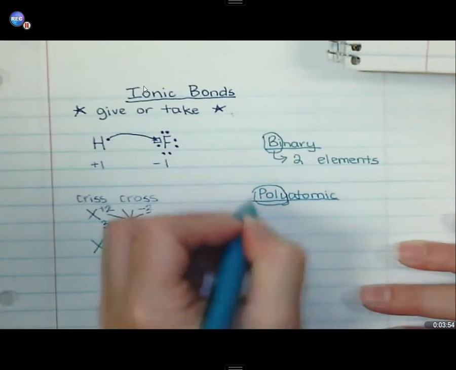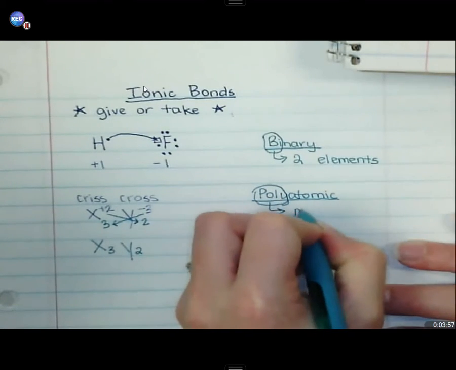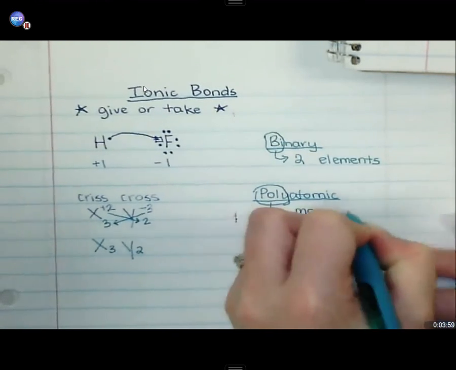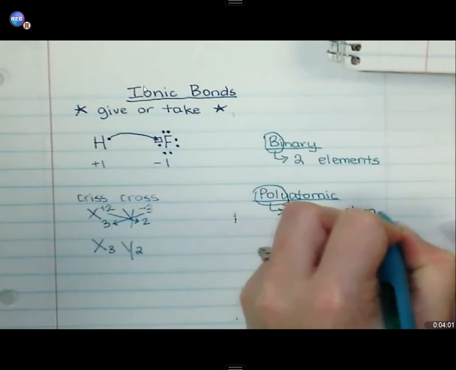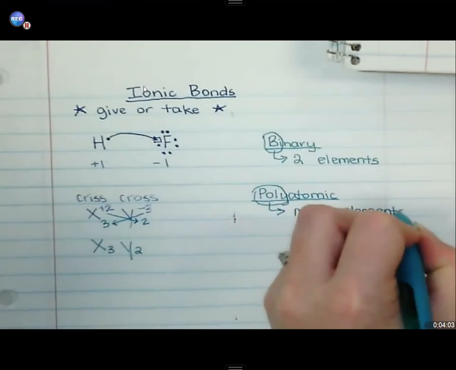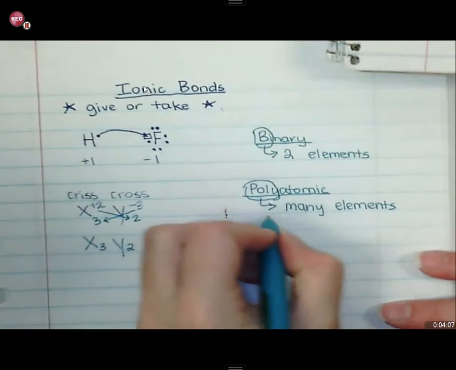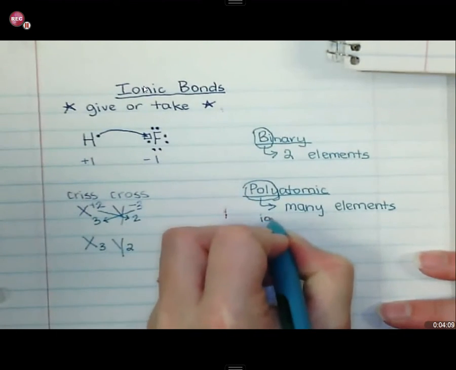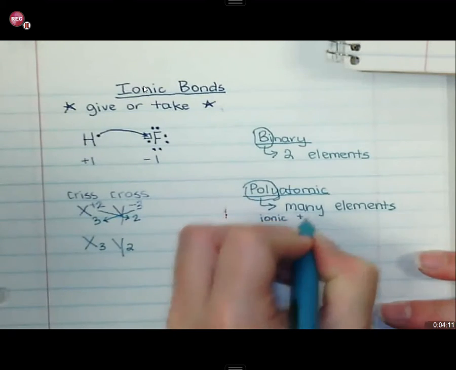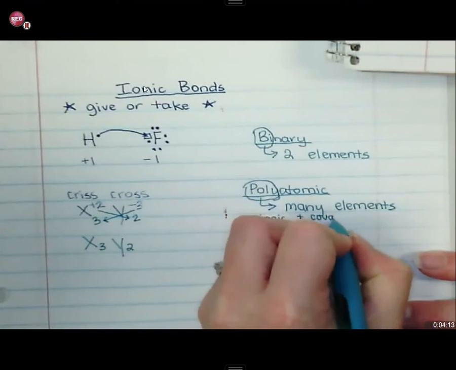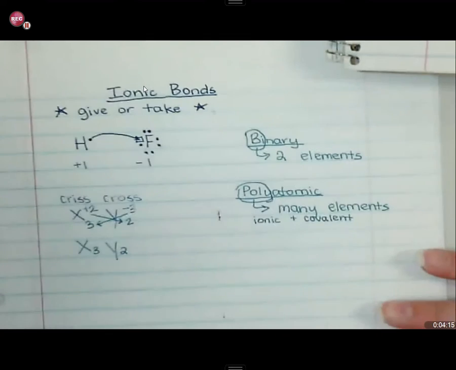Poly means many, so it's many elements. Mostly when you have polyatomic ions, I don't know if y'all remember from the notes that we did, when you have a polyatomic ion, most of the time you're going to have ionic and covalent.